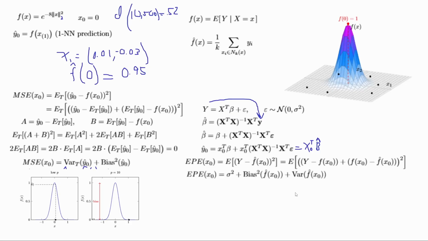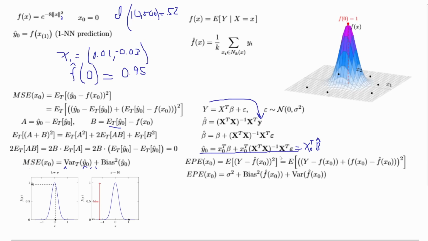One nearest neighbor error was entirely biased, exploding as your dimension increases. A linear regression's bias doesn't grow with your dimension at all. Now, wait a second. Why is that true? Well, because our bias term is this term here. What is the expected value of y hat?